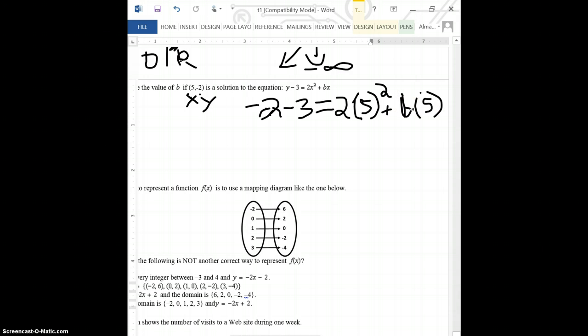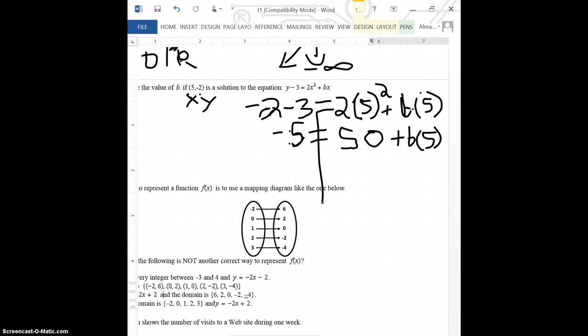Okay, so negative 2 minus 3 is the same thing as negative 5. 2 times 5 squared is 50 plus b times 5. So I want to put all my variables on one side and all my numbers on the other side. That is my goal. I have only one b and it is already on the right side.